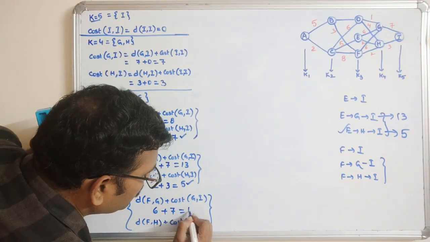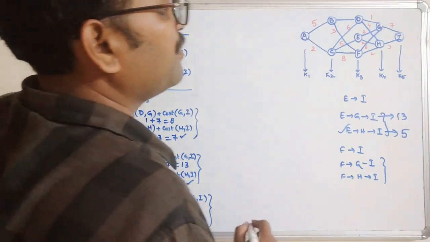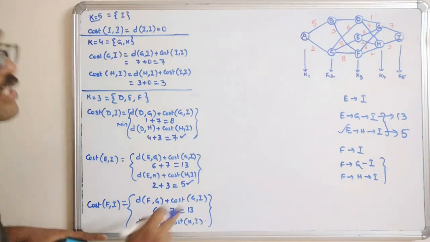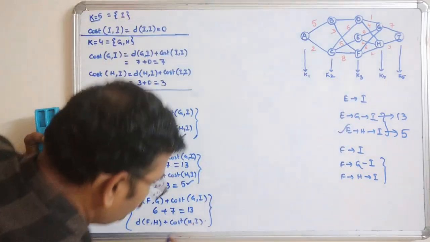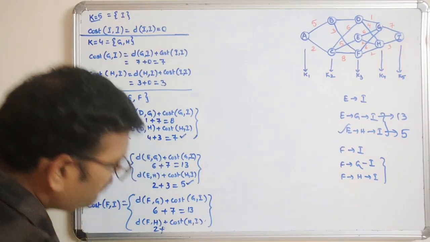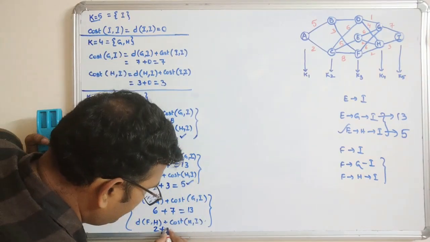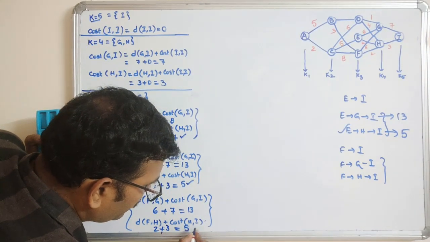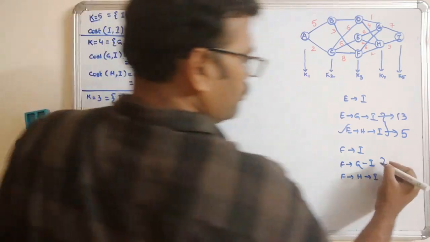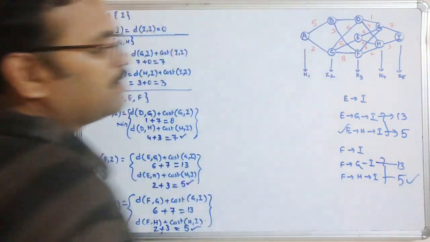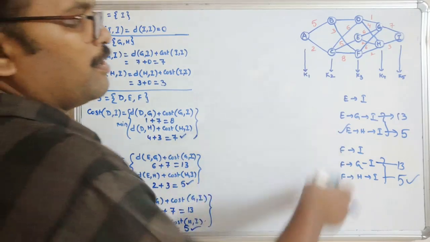Again we got 13 as a result. Okay, then D of F to H, it is 2 plus cost of HI. So here we have computed, it is 3. So which gives a 5 as a result. So among these two, here we got a 13 and here we got a 5. Again we have to select this 5, right?